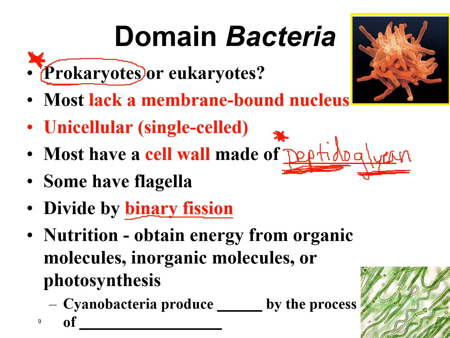Because remember, they're prokaryotes. They do not have any organelles like chloroplasts. Okay? But because the cyanobacteria have the chlorophyll, not chloroplasts, they're able to capture that light energy, and they're able to do photosynthesis, and in that process, they produce oxygen, which we can certainly use.